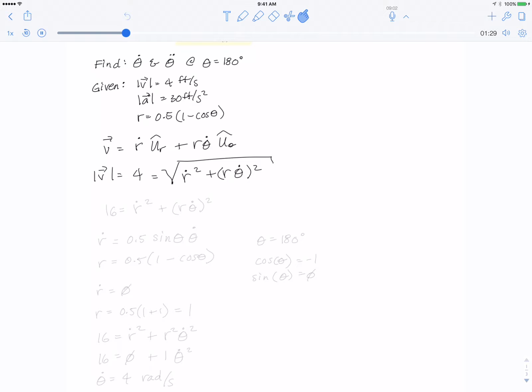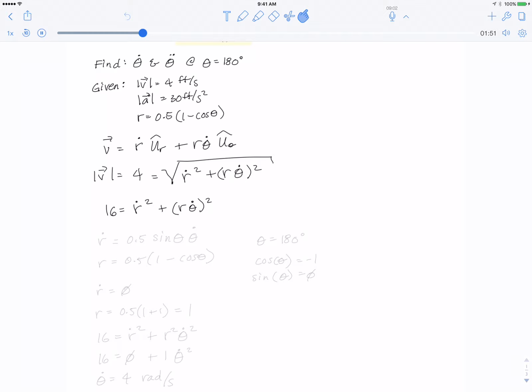And I'm going to make this a little simpler by squaring both sides. So we know that 16 is going to equal r dot squared plus r theta dot all squared. And so we're just going to put in r and r dot and see if we can solve for theta dot.